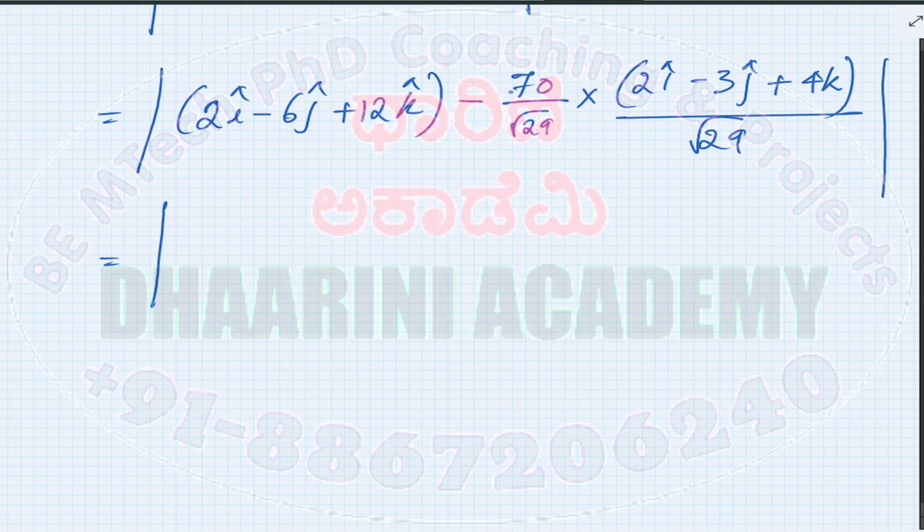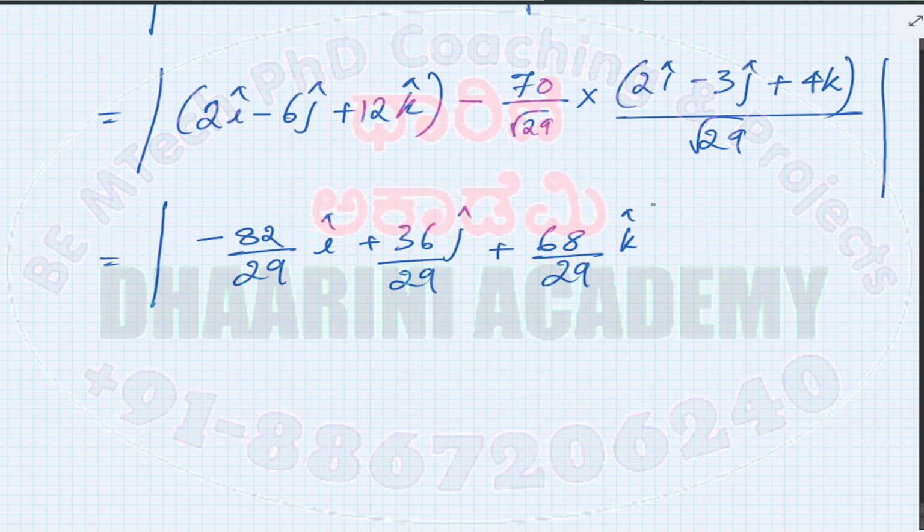So 2 into 70 into 2 by 29 becomes minus 140, so this is minus 82 by 29 i cap. Then minus 6 plus 210 by 29 is plus 36 by 29 j cap. Then we have 12 minus 280 by 29, which is plus 68 by 29 into k cap.